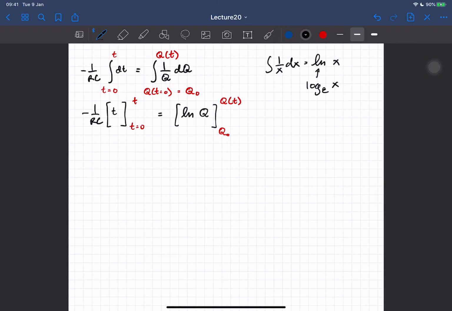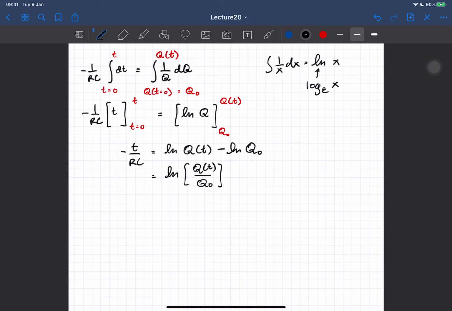So let's put in the limits of integration. So you're going to have minus t over RC equal to log of q as a function of time minus log of q0, like this. Okay, and the difference of logs is the log of the ratio. So you can use the identity to write q(t) divided by q0.